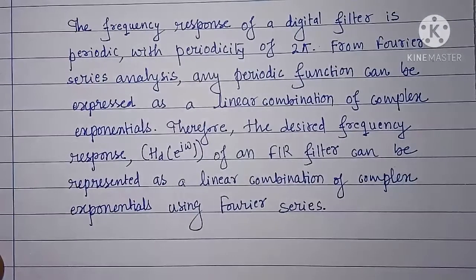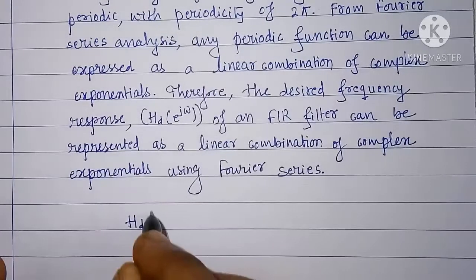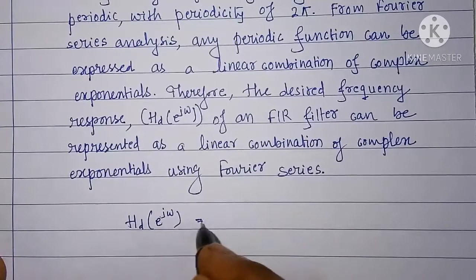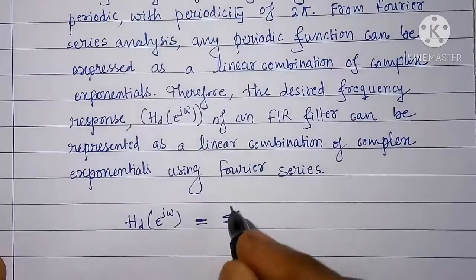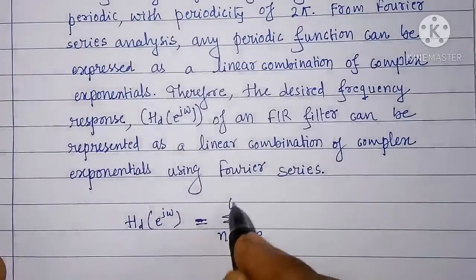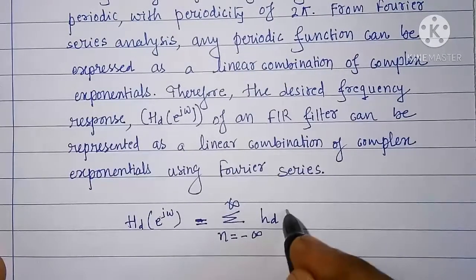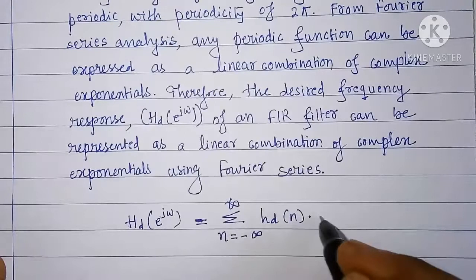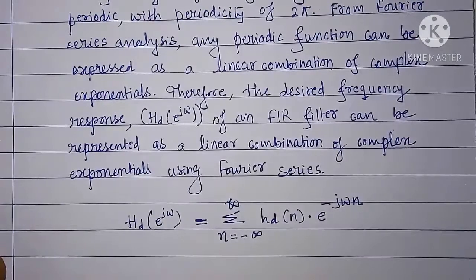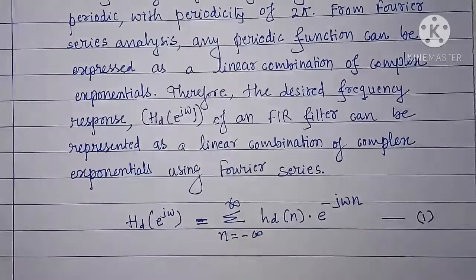That is, Hd of e raised to j omega is equal to summation from n equal to minus infinity to plus infinity Hd of n into e raised to minus j omega n. Let us call this as equation 1.